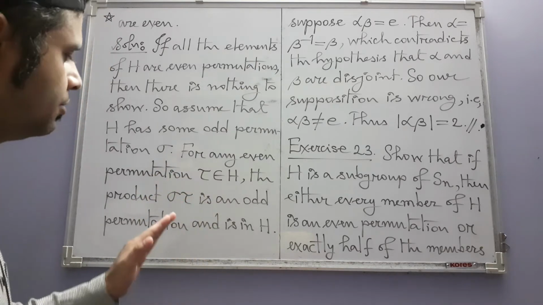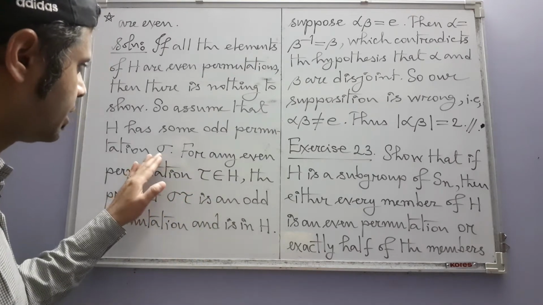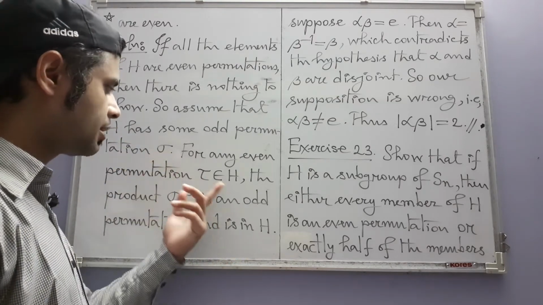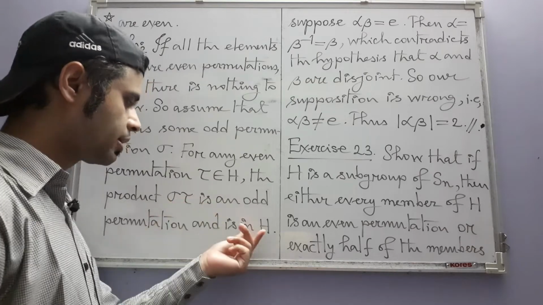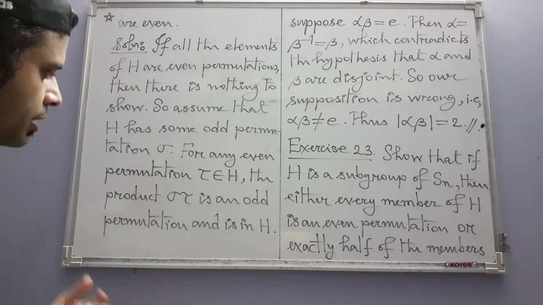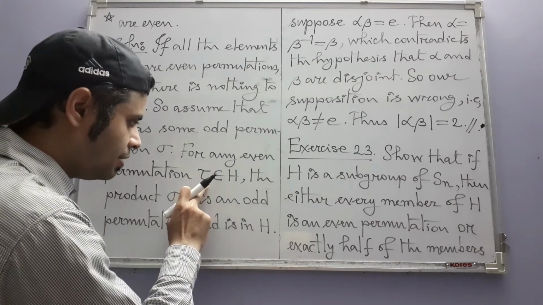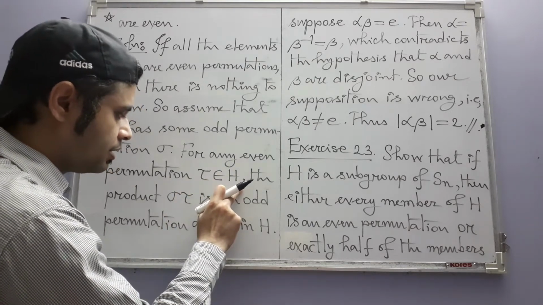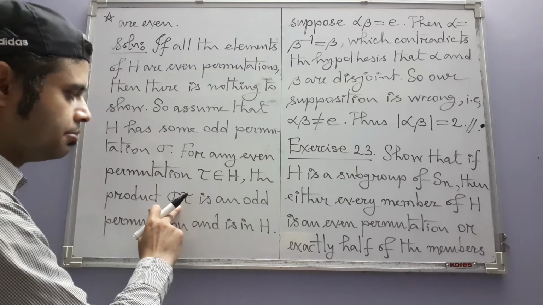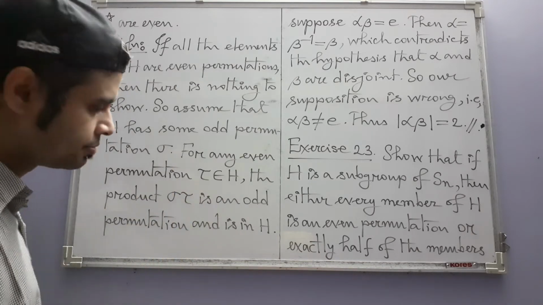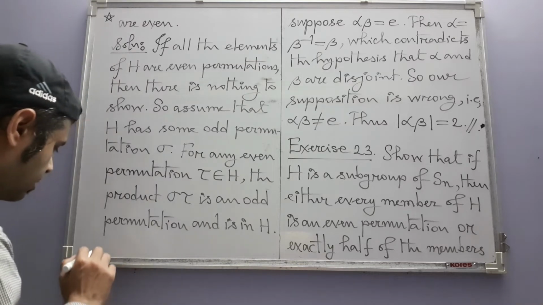This we already know. One more thing we know is that because H is a subgroup, it's closed, so sigma and tau are both in H, so this product will be in H. So this means that every even permutation in H is giving rise to an odd permutation again in H. Let's just write that.